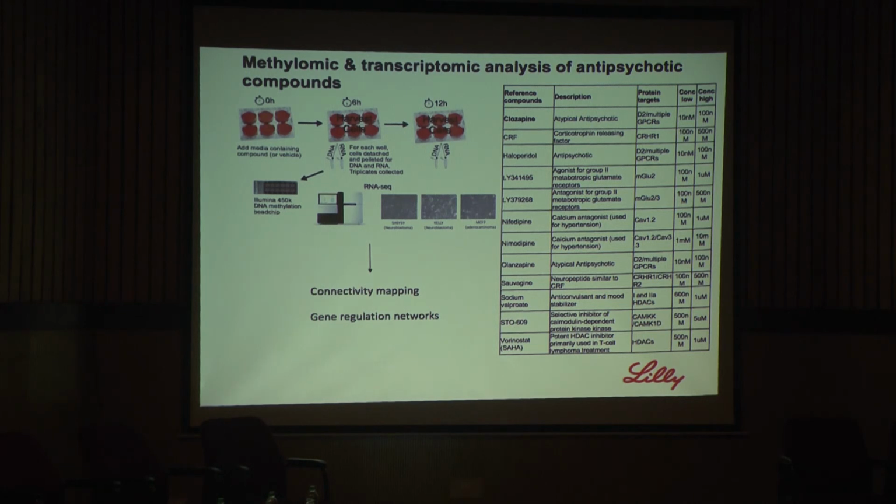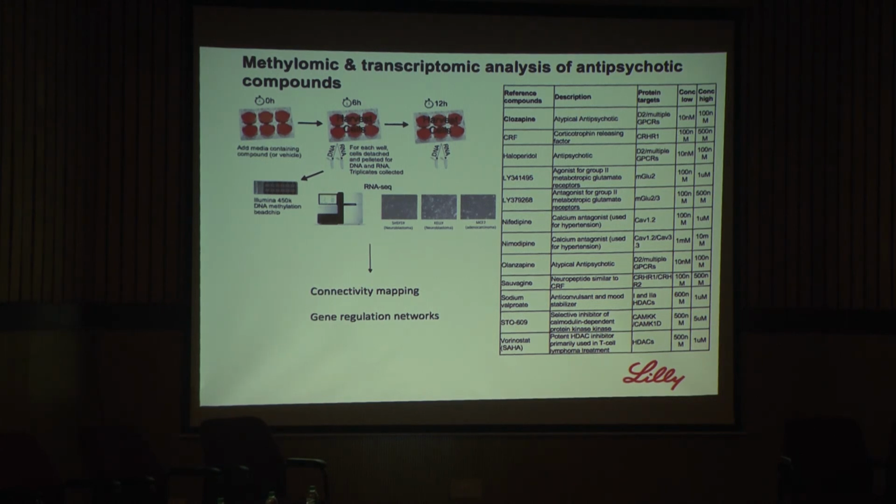And so in collaboration with Eli Lilly, for instance, we're doing a lot of connectivity mapping, taking different cell lines, dosing them with a whole range of neuropsychiatric drugs, primarily antipsychotics, and looking at the gene networks and patterns that are disrupted following exposure to the drugs, with the goal of firstly understanding how those drugs are working, because in many cases antipsychotic drugs were often discovered by accident, and their mechanism of action isn't known.